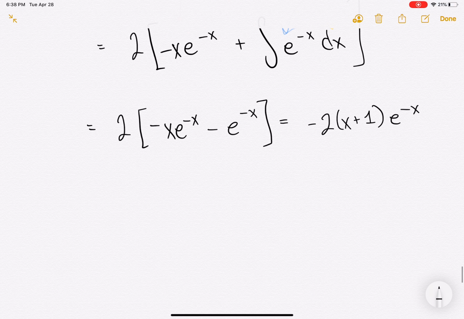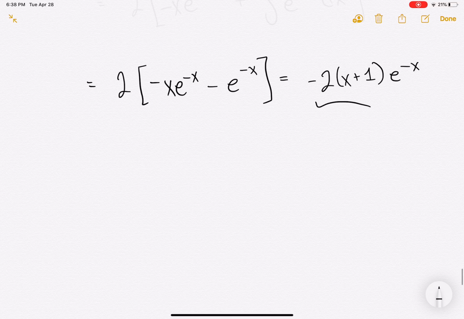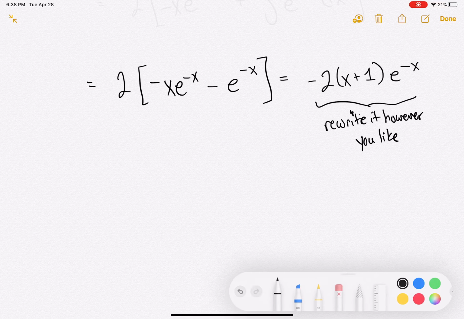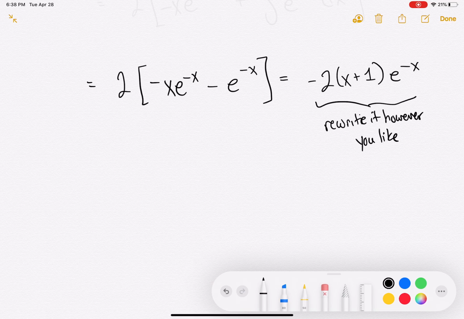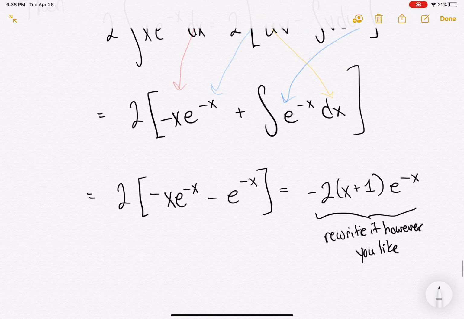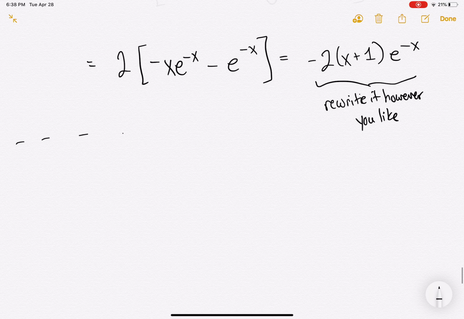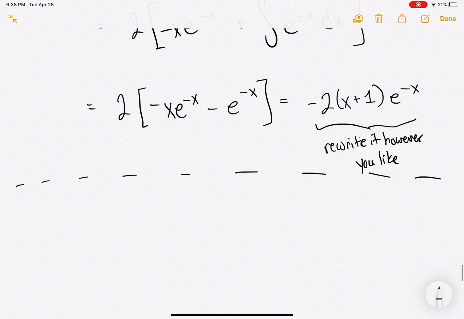You can rewrite it in whatever form you want. That's not a huge deal. It just looks kind of pretty the way that I wrote it. So we'll leave it like that. Okay, so this is your antiderivative.